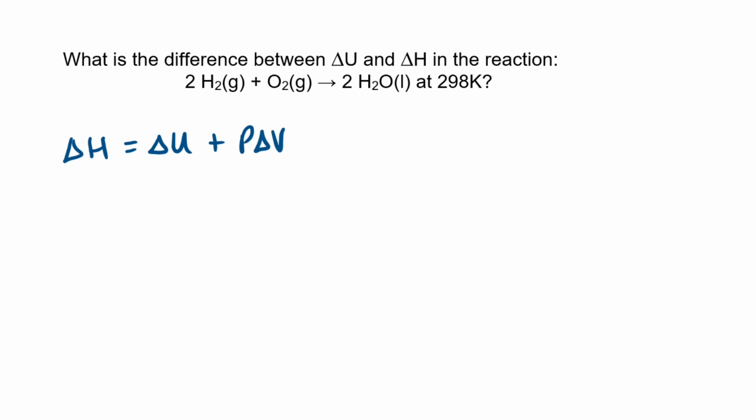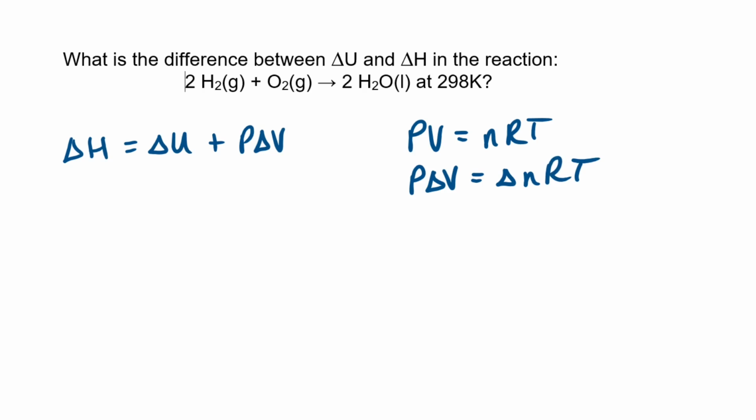And we're going to make a substitution based on the ideal gas law, that PV equals nRT, or that change in volume is equal to a change in moles times RT as long as pressure and temperature are kept constant. So let's substitute that in for delta U plus change in moles, RT.